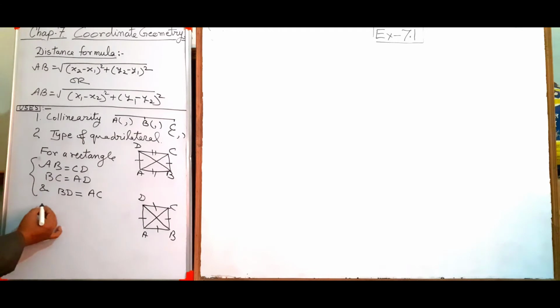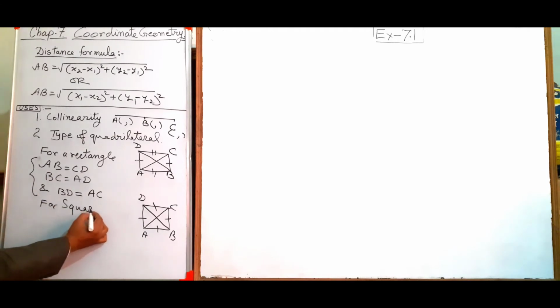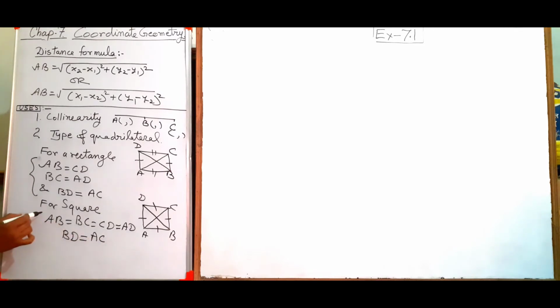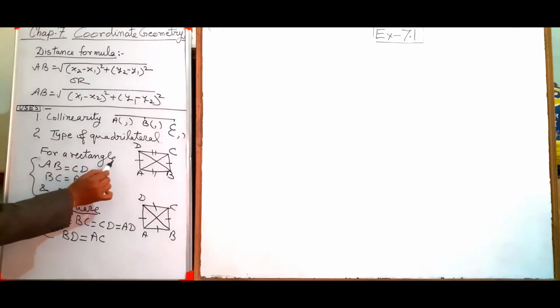So for a square, all the sides AB is equal to BC is equal to CD is equal to AD, all sides are equal, and diagonal BD is equal to diagonal AC. So if this condition is satisfied, that quadrilateral will become a square.